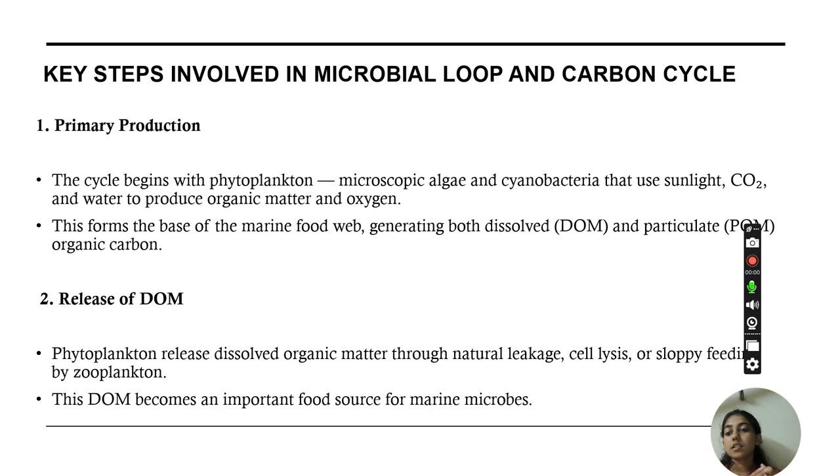The second one is release of dissolved organic matter. Phytoplankton release dissolved organic matter through natural leakage, cell lysis or sloppy feeding by zooplankton. This dissolved organic matter becomes an important food source for marine microbes.